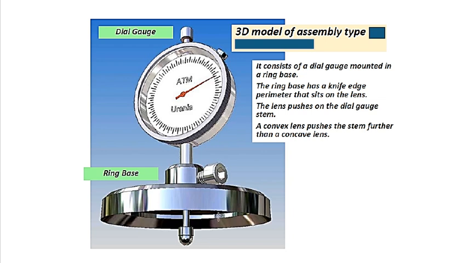When you look at this ring base, you have a knife edge perimeter right there, and this is the one that sits on your lens. The lens pushes on this dial gauge system so you can get the measurement. Your convex lens can push the stem further than your concave lens. Let me show you on this picture again.